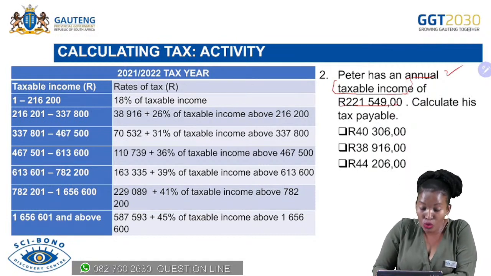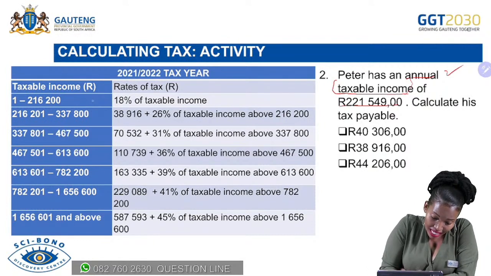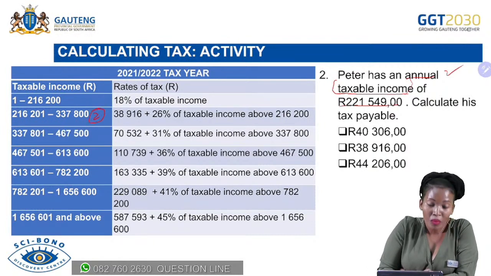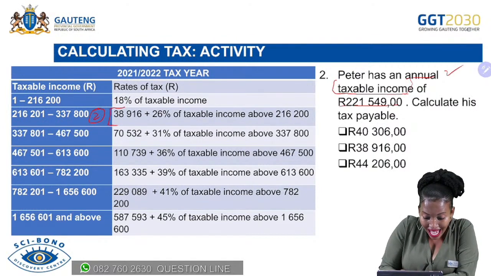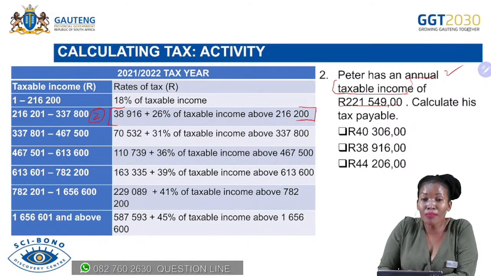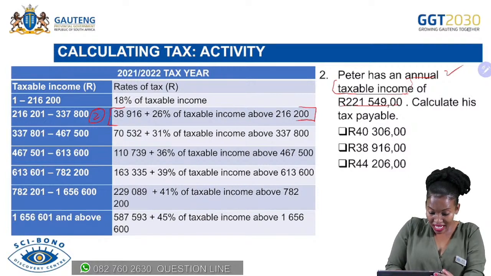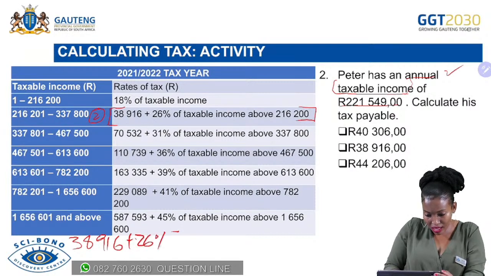Now, let us check 221. It is under bracket number what? It is bracket number 2. So what you do, you are going to rewrite the formula in bracket number 2. So let's rewrite it. I'm going to write it here. It is 38,916 plus 26% of, guys, taxable income.